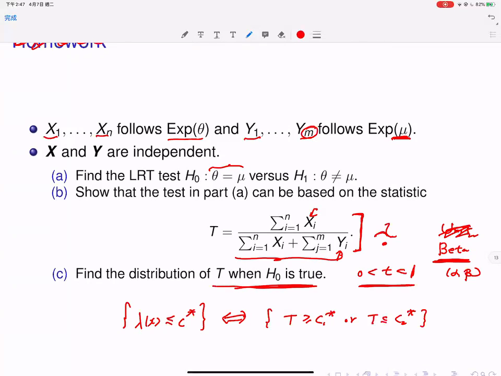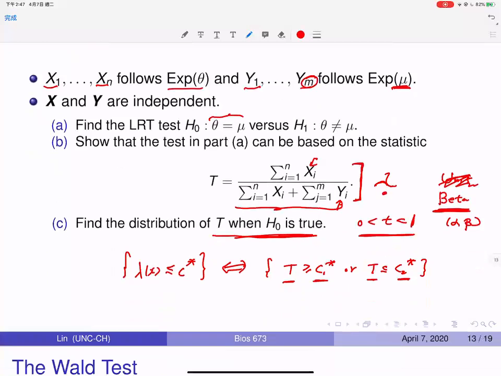Beta is not symmetric. Beta could be symmetric for particular alpha and beta, if I remember correctly. But if beta is not symmetric, then you find different C1 star and C2 star to reject the null hypothesis.